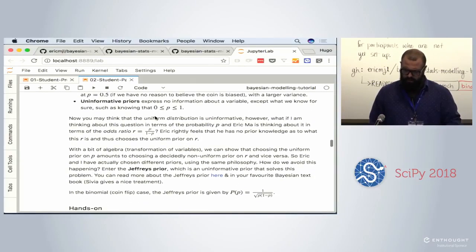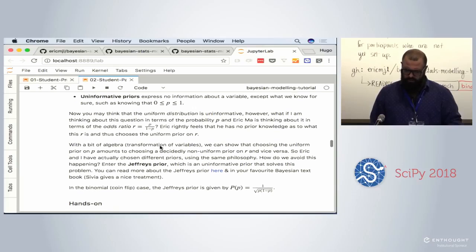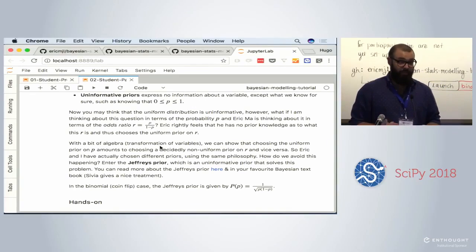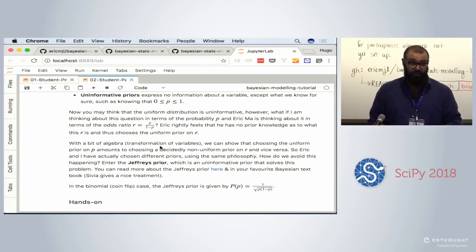The other thing I wanted to state is that from the way I've been talking about it, you might think that the uniform distribution is an uninformative prior, okay? And I'm going to show you that it isn't. It looks uninformative, but it actually is not.